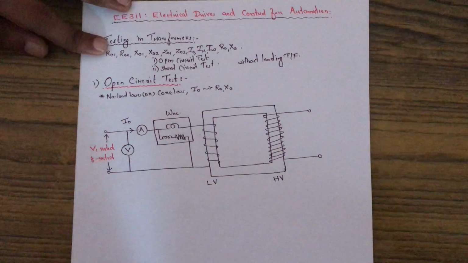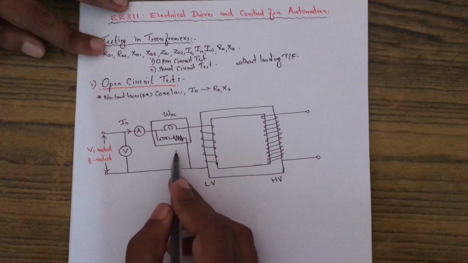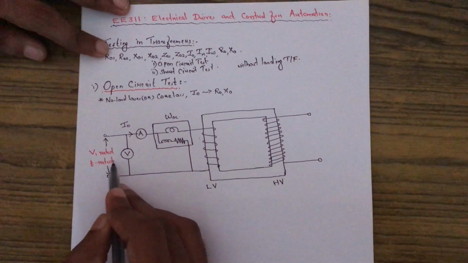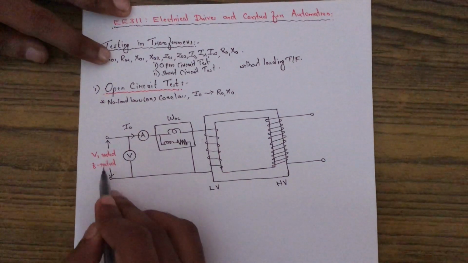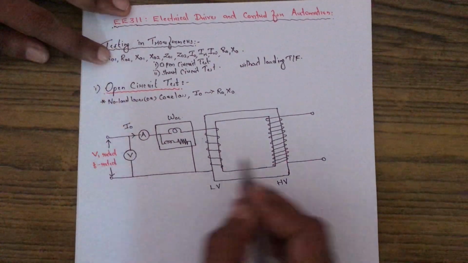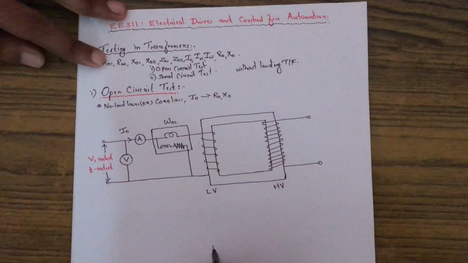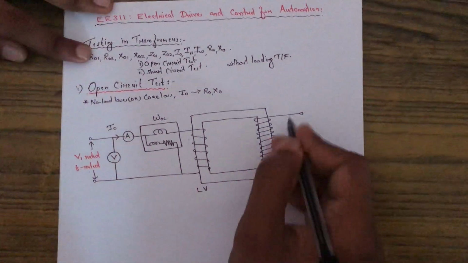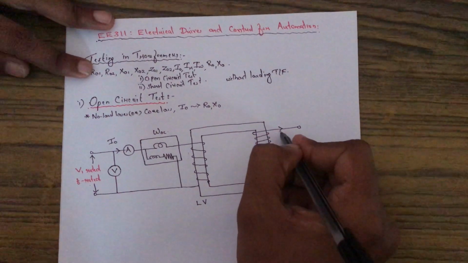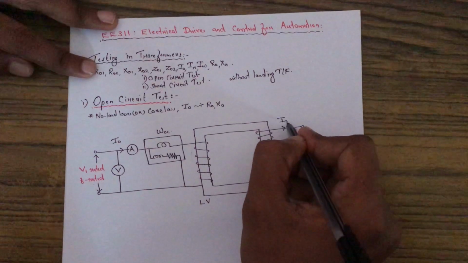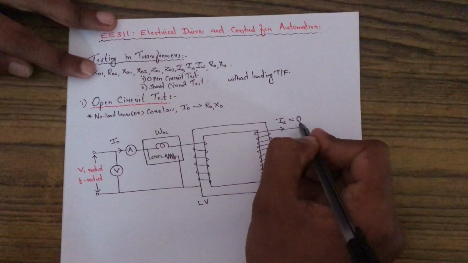So during this test, the primary winding of the transformer is excited from the rated voltage and rated frequency, with the secondary open circuited. Since the secondary is open circuited, the current flowing, I2, will be equal to 0.